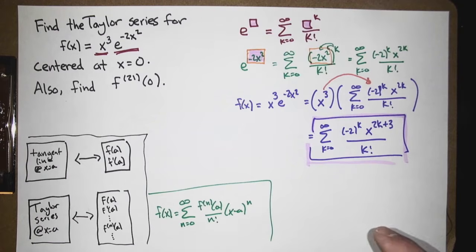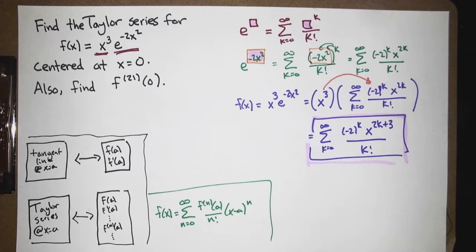Well, if I want the 21st derivative, remember, it's the coefficients that are storing the derivatives. If I'm after the 21st derivative, what coefficient am I looking for? The constant stores the function.